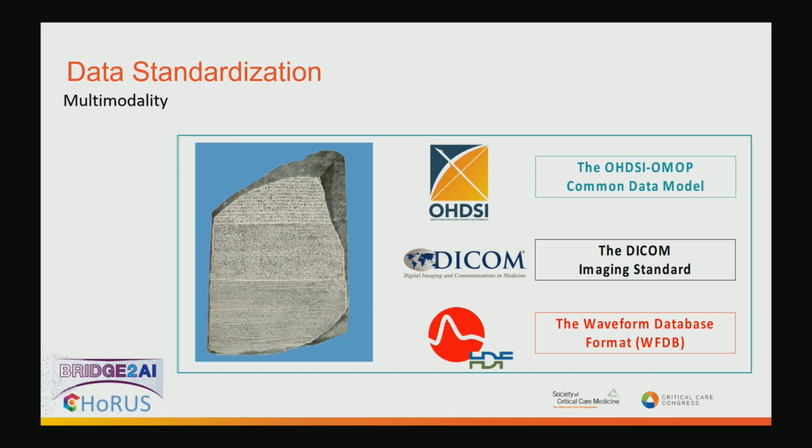There are other standards, like I listed HDF5, and these are usually hierarchical standards in which you'd have a file for waveform data for a specific episode of care, and then you might have a folder, just like on your computer, for blood pressure and then the heart, ECG and so forth.